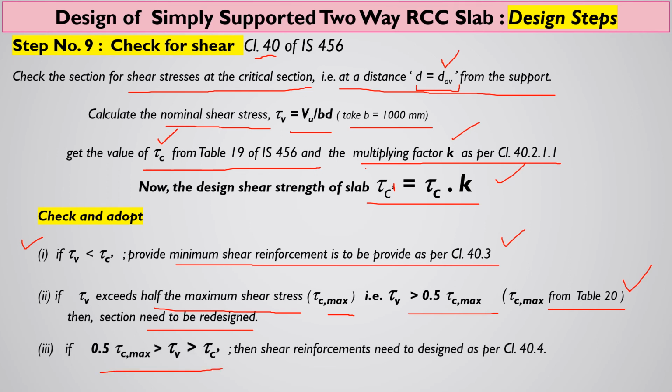Now, if the third condition is satisfied, that means 0.5 tau c max is greater than tau v and greater than tau c. That means the section which you are going to design has to resist this much shear stress which is greater than tau c. That means we need to provide the shear reinforcement. So ultimately, shear reinforcement needs to be designed as per clause number 40.4 if this type of condition happens.